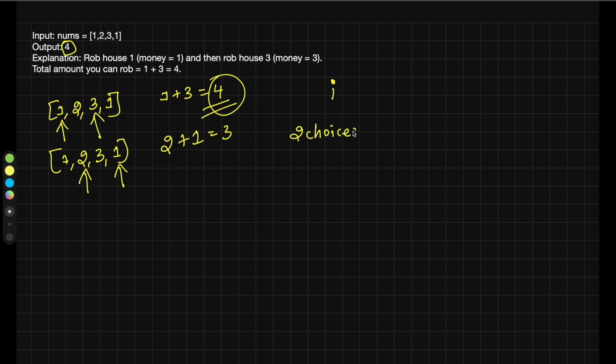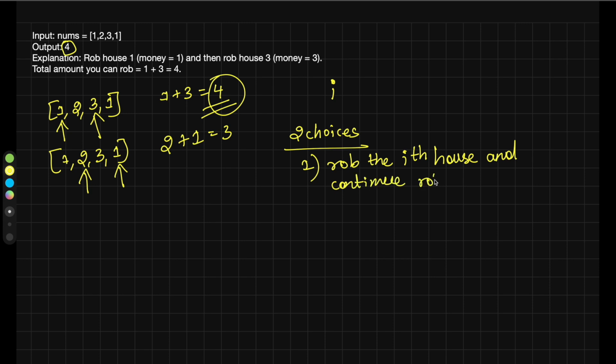The first choice is to rob the ith house and continue robbing from i plus 2, because if we choose i plus 1, i and i plus 1 will be adjacent. So if the robber chooses to rob the ith house, he has to skip i plus 1 and start robbing from i plus 2.